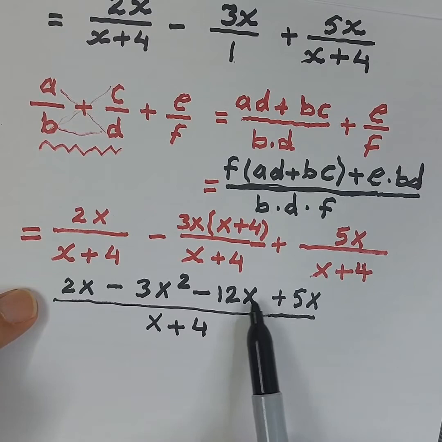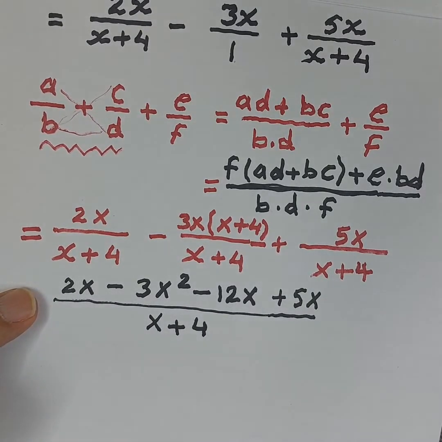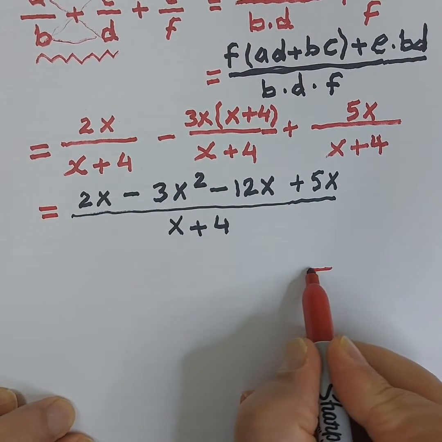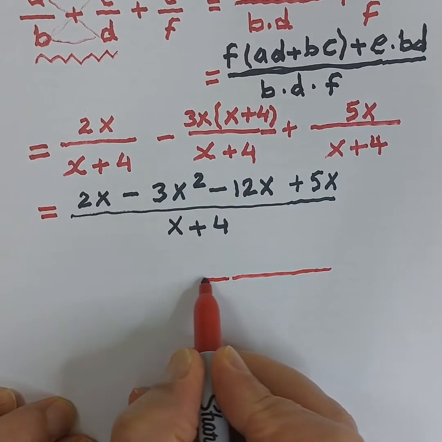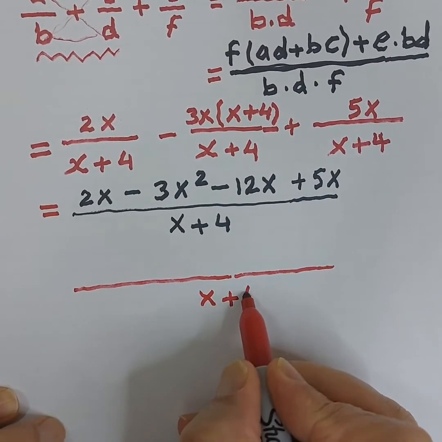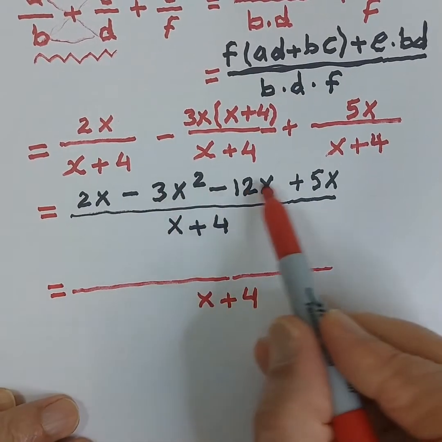We will find the result for all. So again, we rewrite the denominator, which is x plus 4, and find the result for this.